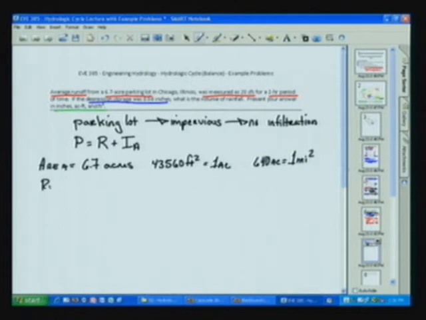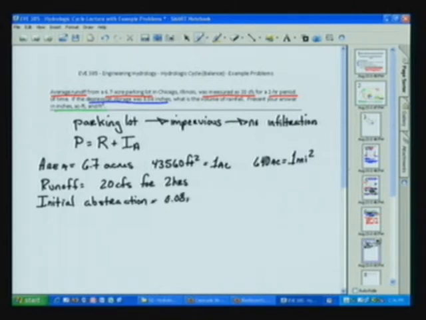The runoff is 20 CFS for 2 hours. The initial abstraction is 0.08 inches over 6.7 acres.